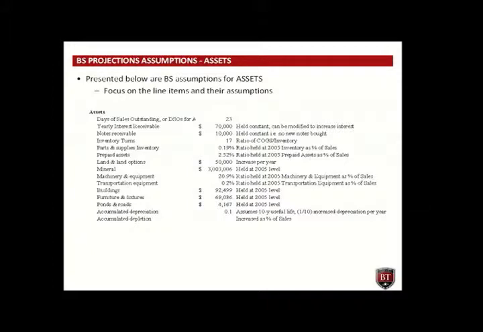There are furniture and fixtures that are held constant. There's depreciation that has assumptions such as useful life or as a percentage of sales. So this is just an example, but you will have to develop specific assumptions for the company that you're modeling based on your understanding of the company's various line items.